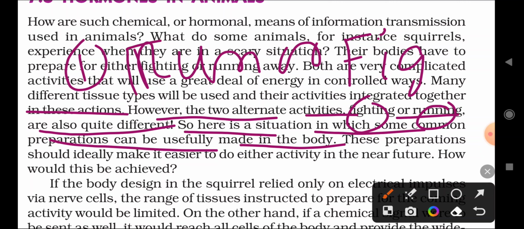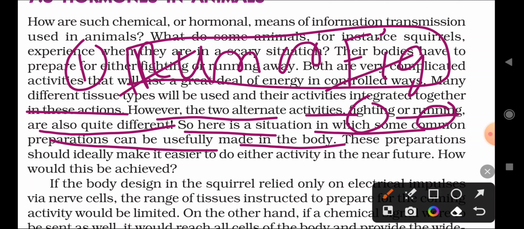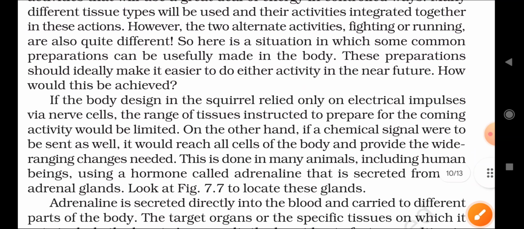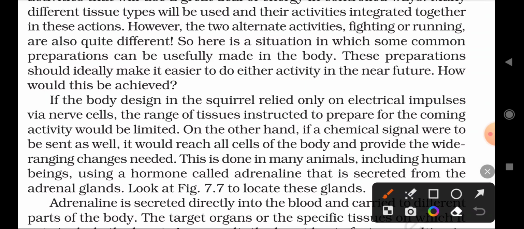So the body prepares for whichever activity the animal takes, running or fighting. These preparations should ideally make it easier to do either activity in the near future. This preparation of the body allows the animal to take the decision very comfortably.